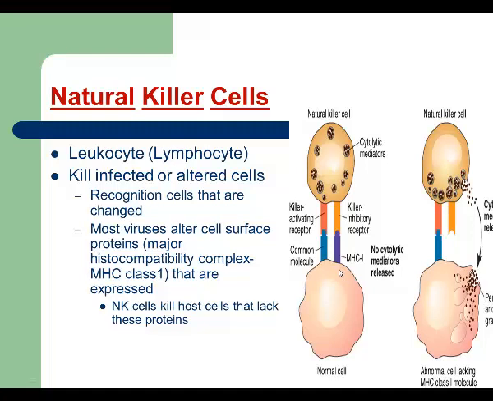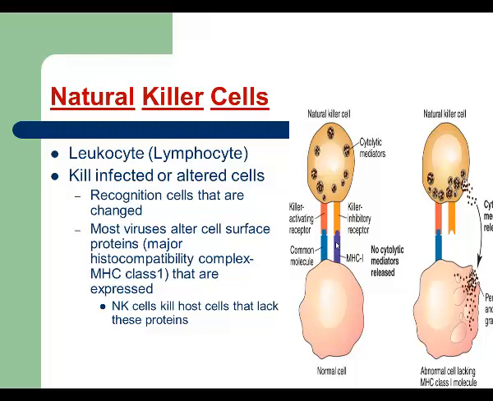NK, or natural killer cells, have specific receptors that they use to check MHC class 1 proteins on each cell. So basically, they go from cell to cell in our tissues, and using those specific receptors, they check the condition of MHC class 1 proteins.